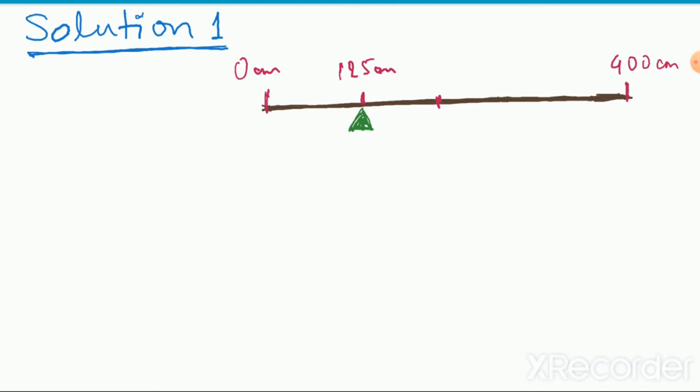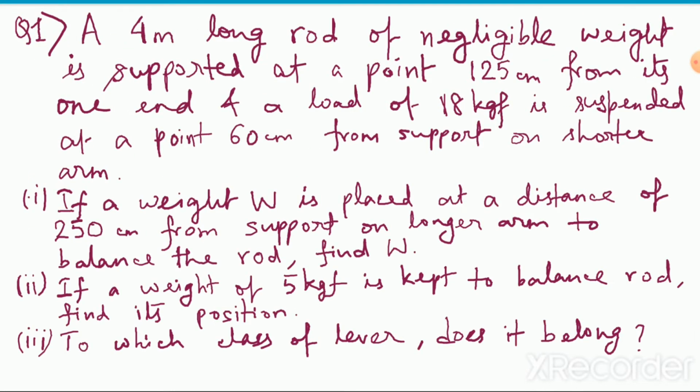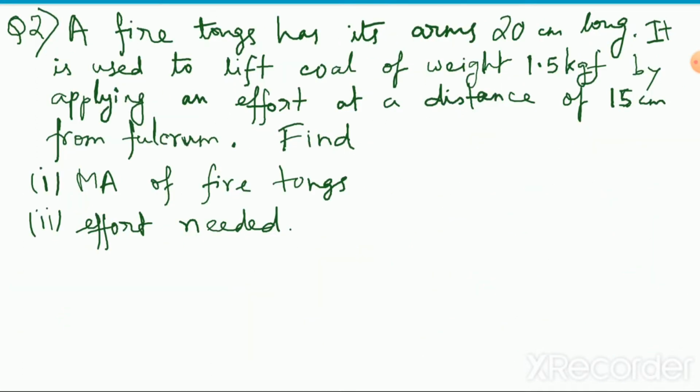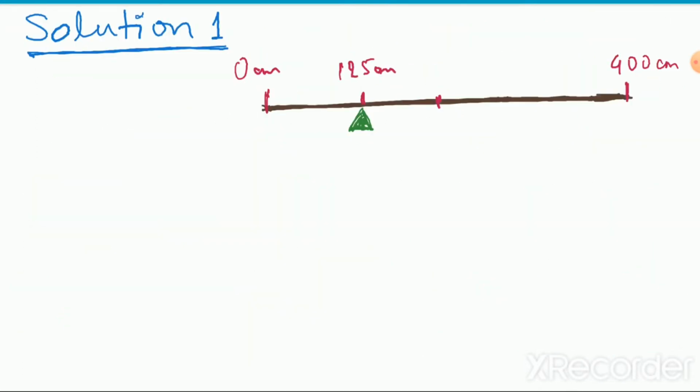Fine. Now, a load of 18 kg is suspended at a point 60 centimeter from the support, on the shorter arm. So here is the 18 kg load suspended. This is 18 kgf.